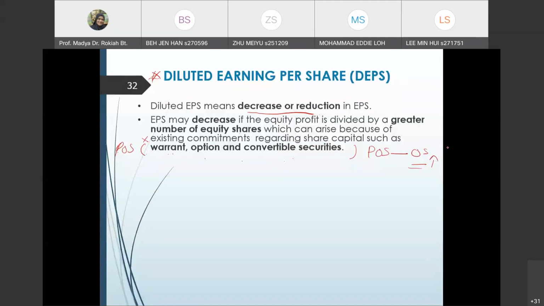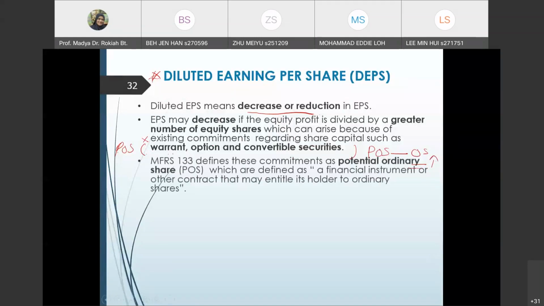The standard mentions that the commitment here is considered a POS, a potential ordinary share, which is defined as a financial instrument or other contract that may entitle its holder to ordinary shares.